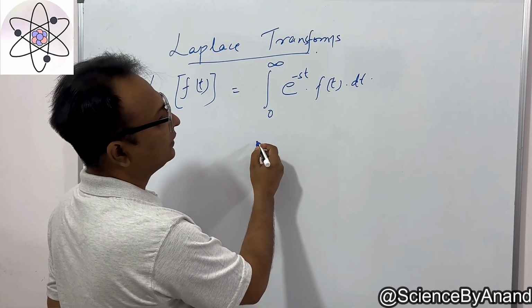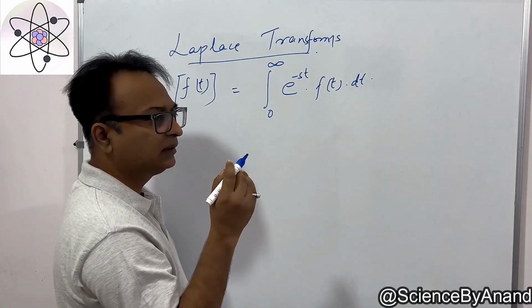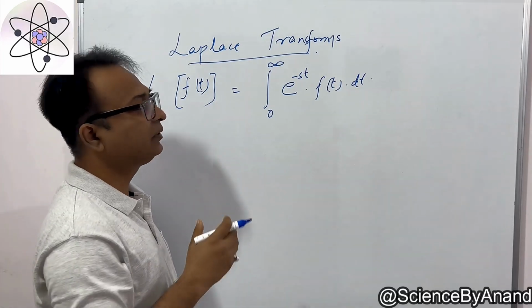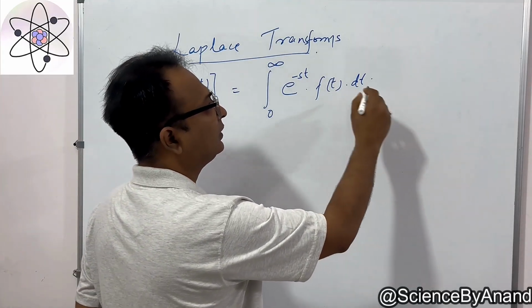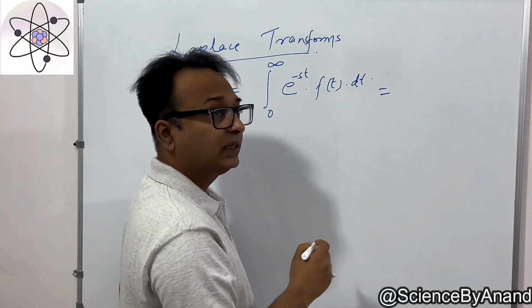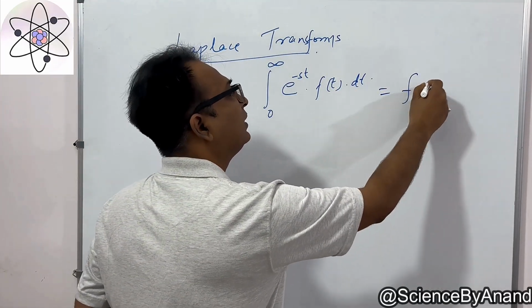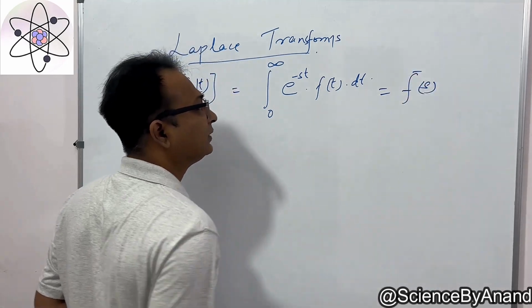What is s? s is a constant which can be real or imaginary. And since the result will be a function of s, this is written as a function of s.